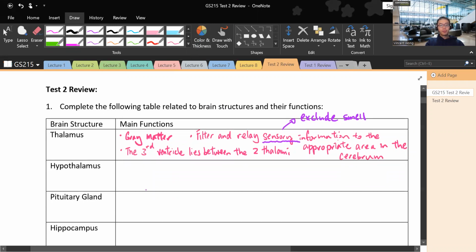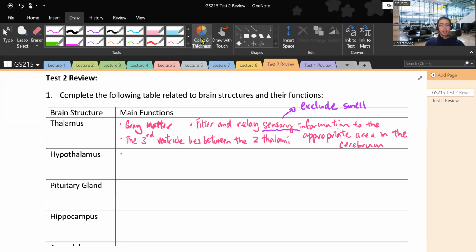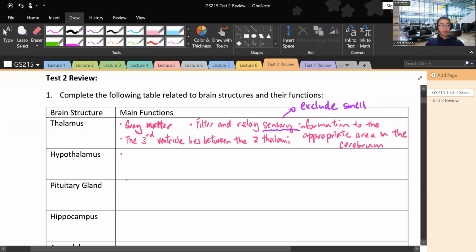Next, we have the hypothalamus, which is below the thalamus. This is the master gland, right? It helps maintain homeostasis through hormones.